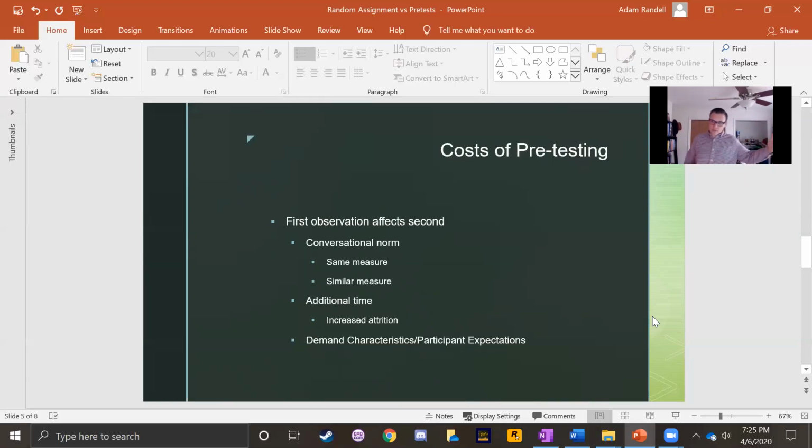So they might complete your pretest, do your experimental condition or control condition, and then if they're already 30 minutes in, if you give them the same measure again that they did at the first of the study, chances are they may not even answer it, or they'll skip a lot of items. So these costs can compound upon one another.